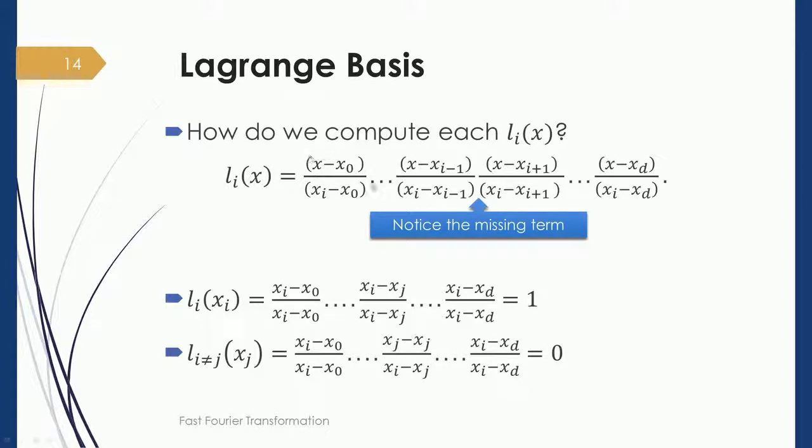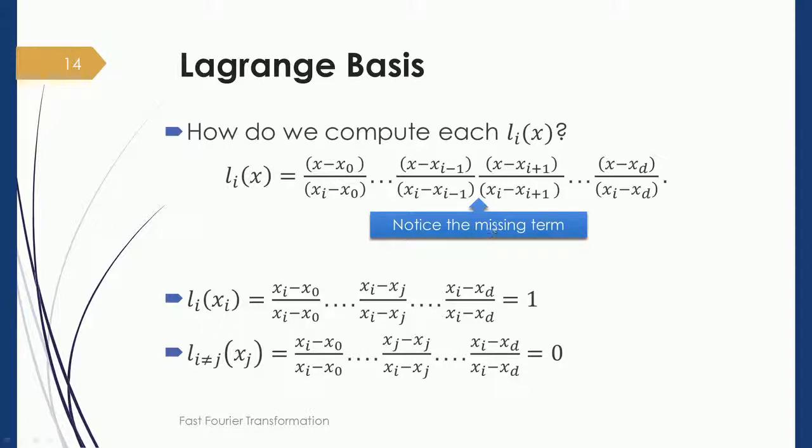So, this being a multiplicative term will immediately zero out the entire right hand side. The same situation applies when x equals any of the other values except x sub i. For example, when x equals x sub i minus 1, the numerator again will zero out, and therefore the entire right hand side of this expression will be 0, and so we ensure that L sub i of x evaluates to 0 at x equal to x sub i minus 1.